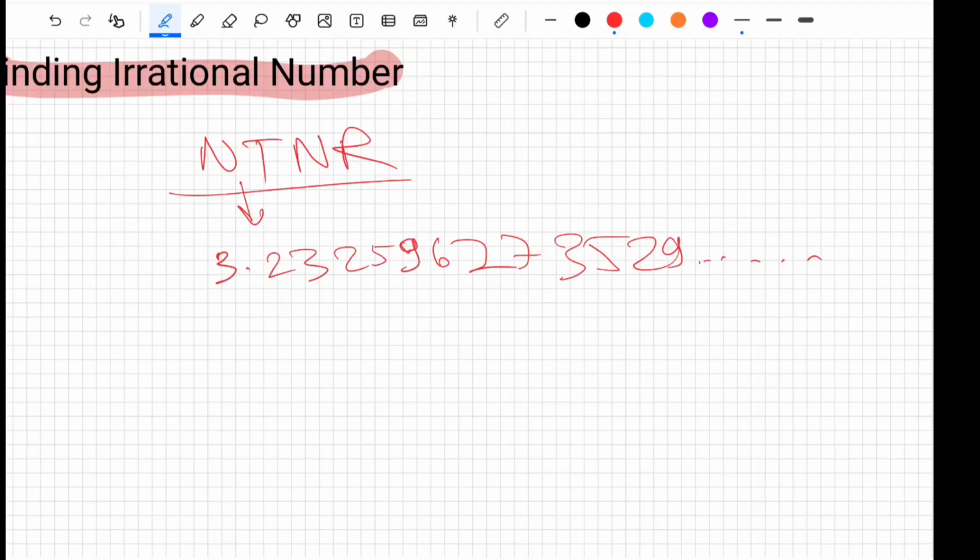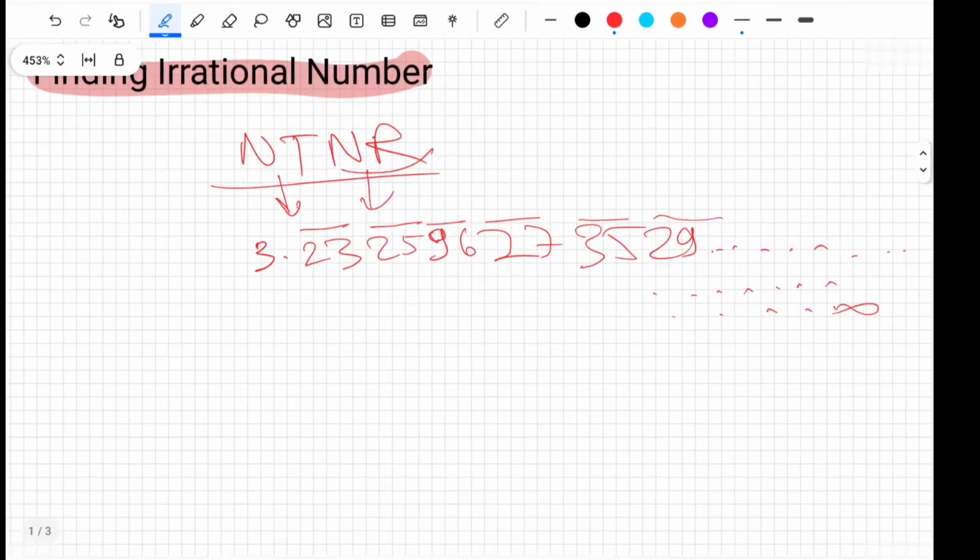Any number will be there, but it will not terminate. It will go up to infinity. And non-repeating means no number is getting repeated, so it's non-repeating and non-terminating. This is an irrational number basically.